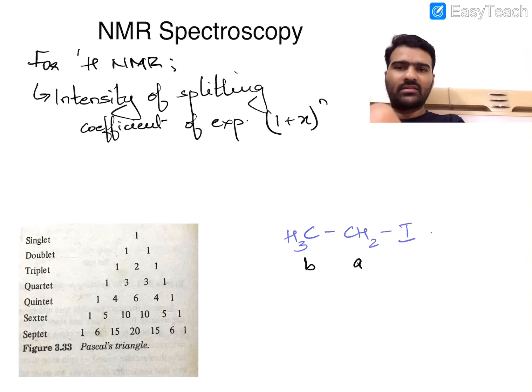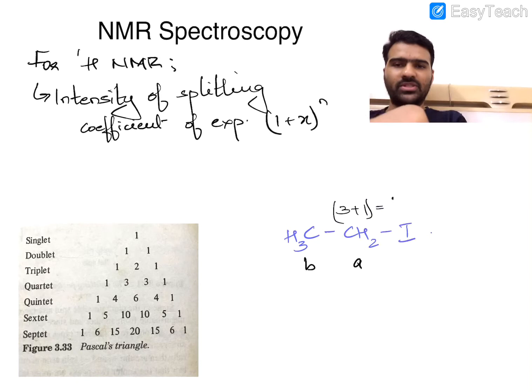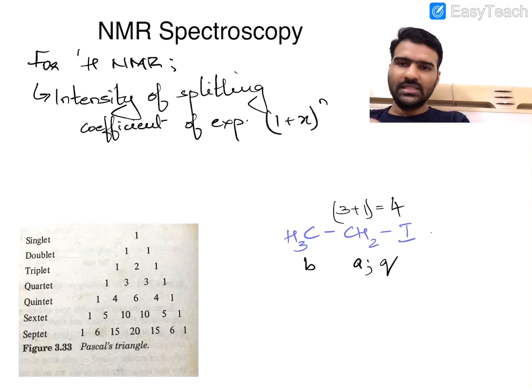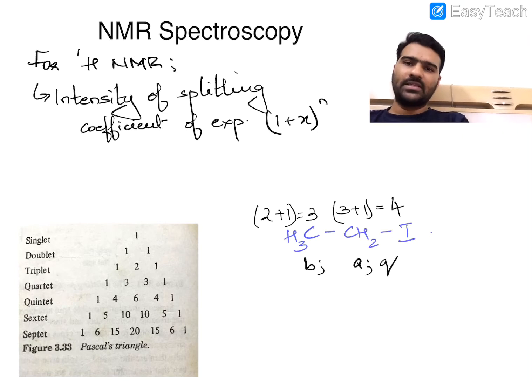So if we apply the condensed formula of n+1, you'll get 3+1, which is 4, and hence this nucleus will be split into a quartet. Applying the same thing to the terminal methyl group, you have 2 protons on the neighbor and applying the n plus 1 rule, you get 2 plus 1 is equal to 3, and therefore the B set of magnetically equivalent nuclei will be split into a triplet.